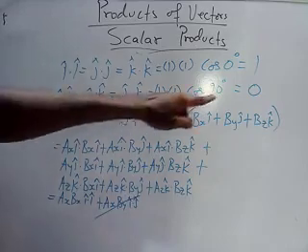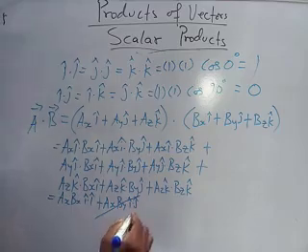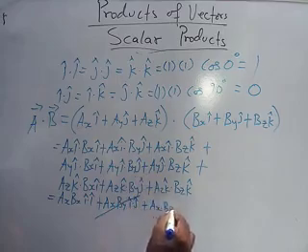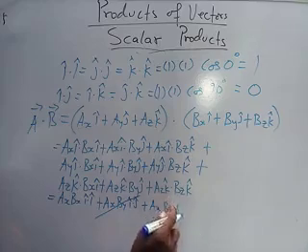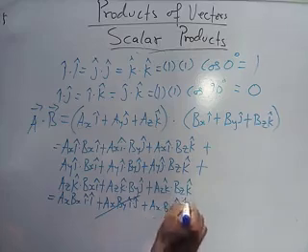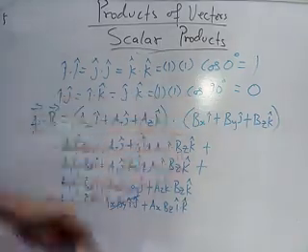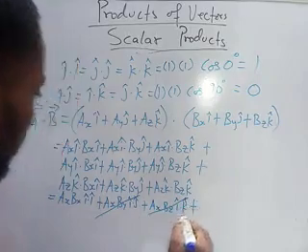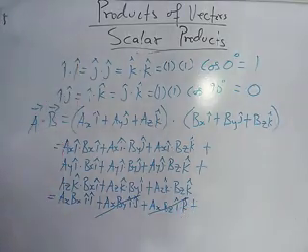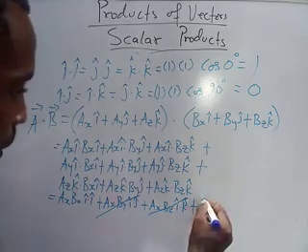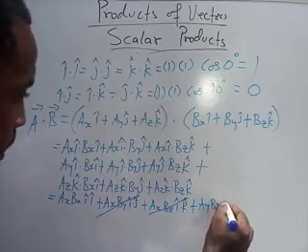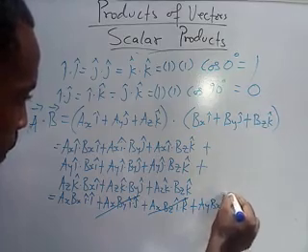I dot J is 0. Then AX BZ I dot K. This also will give us what? 0. Plus AY BX I dot I.